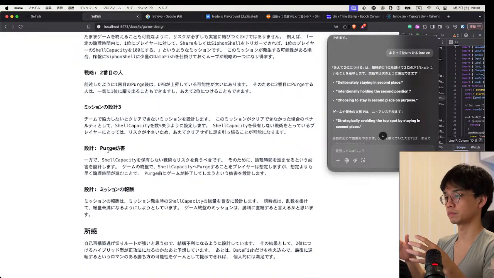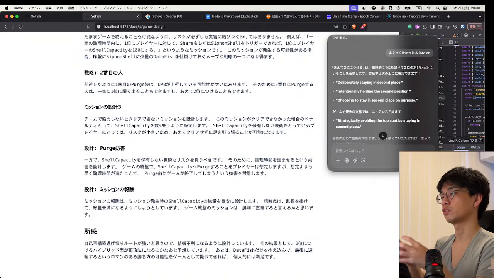So to avoid the risk, the player plans to purge at the end of the game.